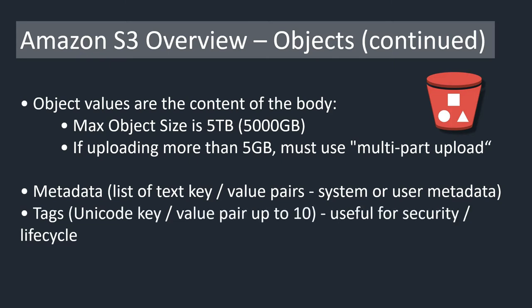You can also have tags, which are key value pairs, and which are very useful for security on your objects or lifecycle policies. Finally, we will see when we go into versioning that there is a version ID on our Amazon S3 objects, and we will see what the value of that is in the versioning lecture.